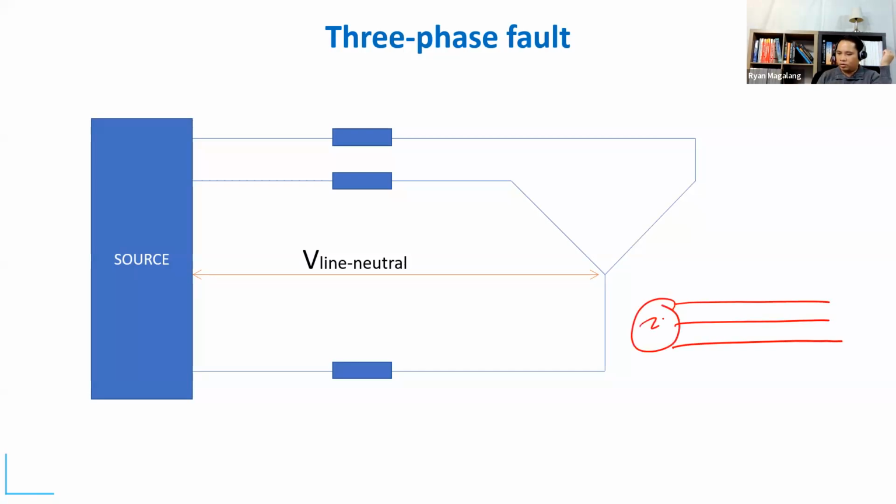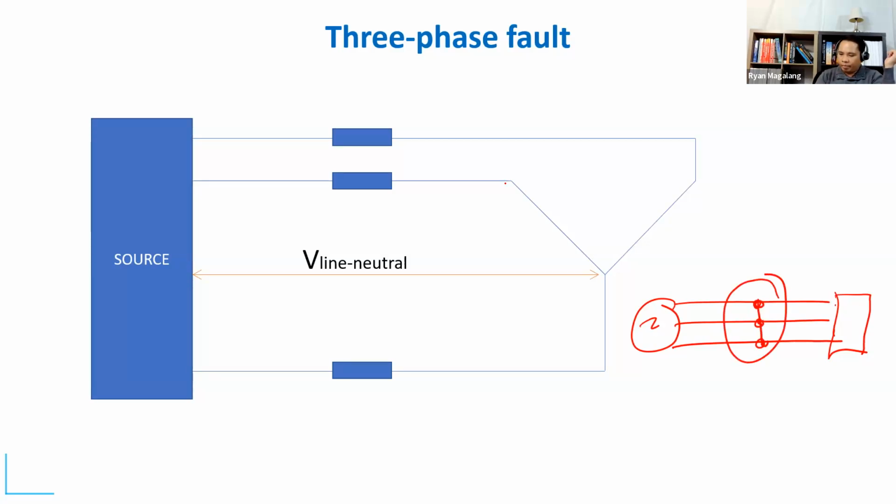let's say that's your source. You have your load here, and it doesn't matter whether that's delta or Y connected. Let's say it's a motor or it's another transformer, and you have a fault here, a three-phase fault. What is this connection? That's a Y connection.